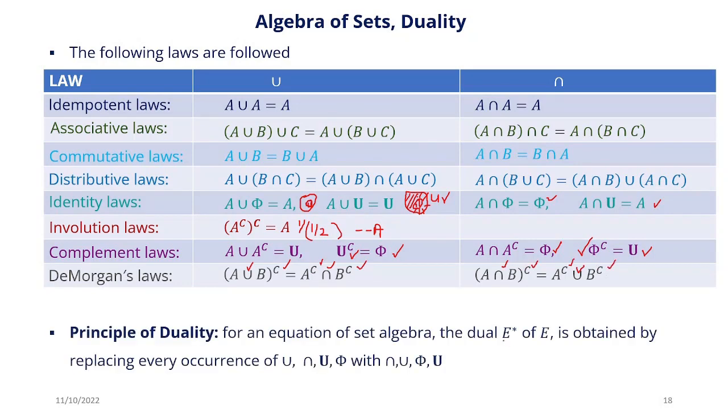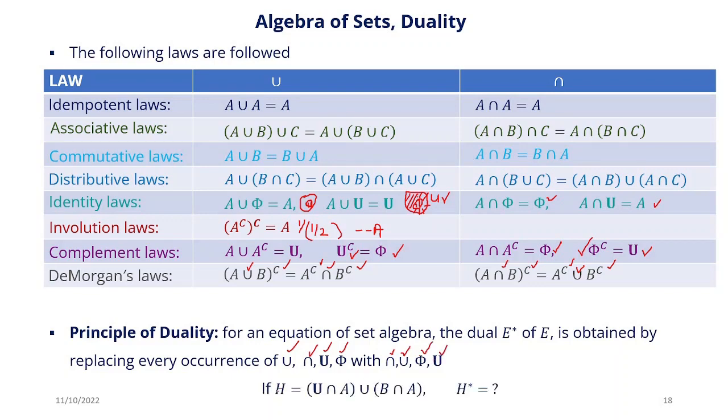Now we'll talk about the principle of duality. For an equation of set algebra, the dual E asterisk of E is obtained by replacing every occurrence of union, intersection, universal, and null with the opposite. Replace union with intersection. Replace intersection with union. Replace universal with null, and replace null with universal.